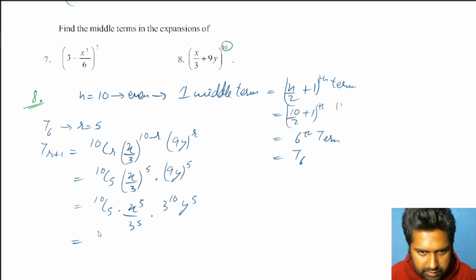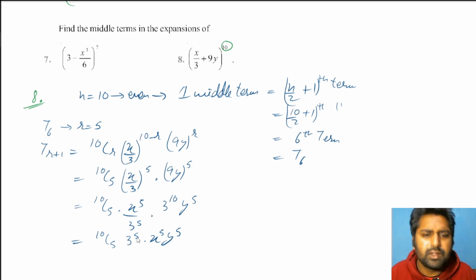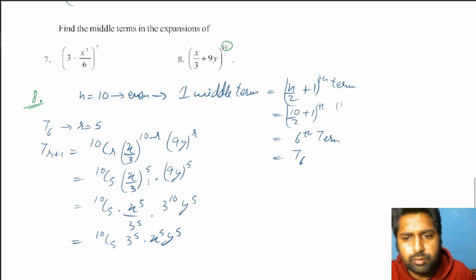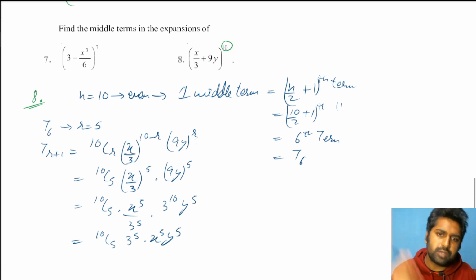So this becomes 10C5, and these two terms are in division, so the powers get subtracted: 3^5 x^5 y^5. You can further solve this 10C5. That's the overall idea of what you have to do. So for the middle term, first you have to decide which term you have to find.